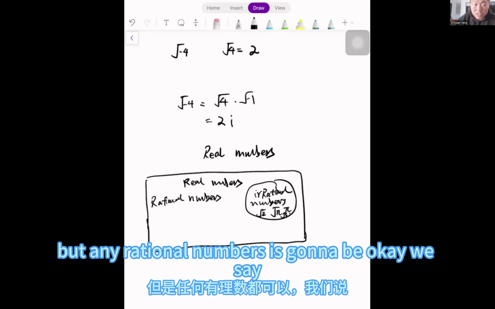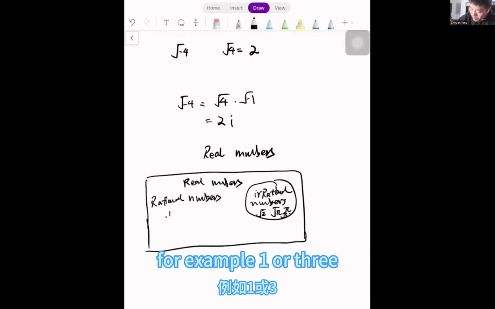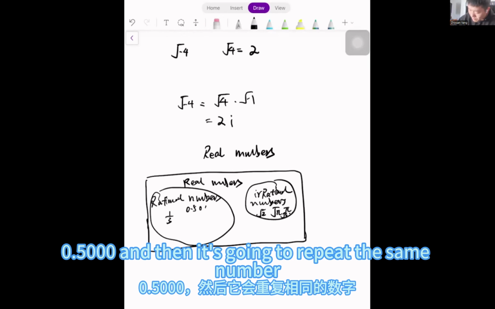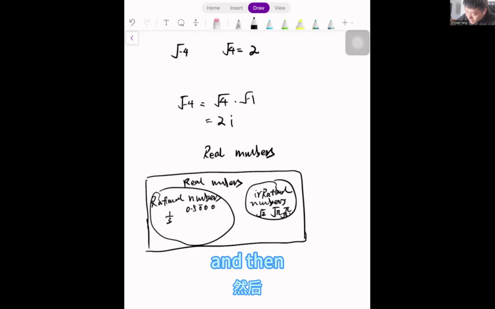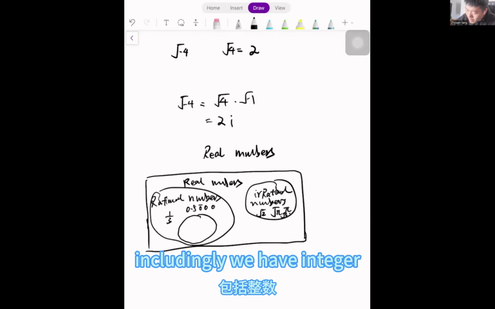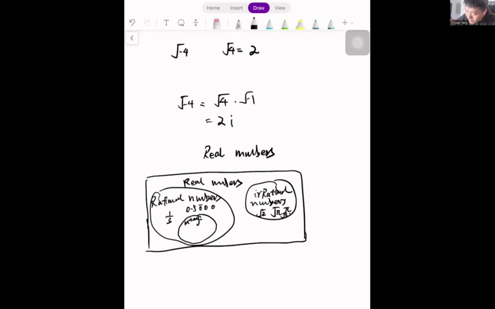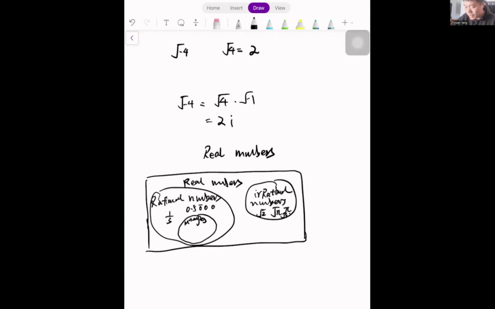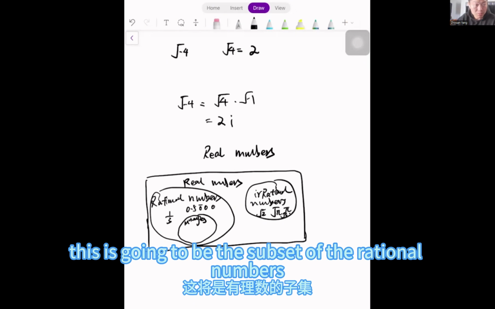Any rational number, for example 1/3 or 0.5000, repeats the same number. Including these, we have integers. Integers are a subset of the rational numbers.